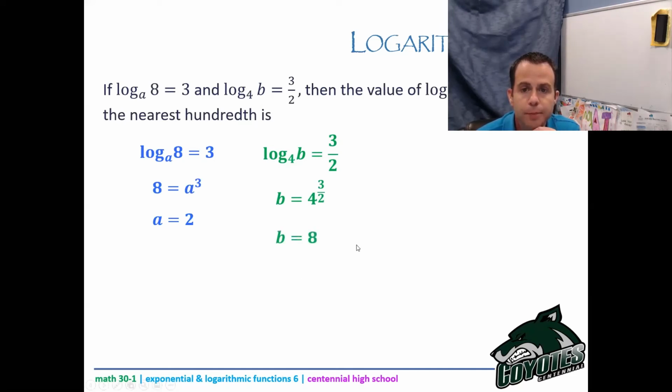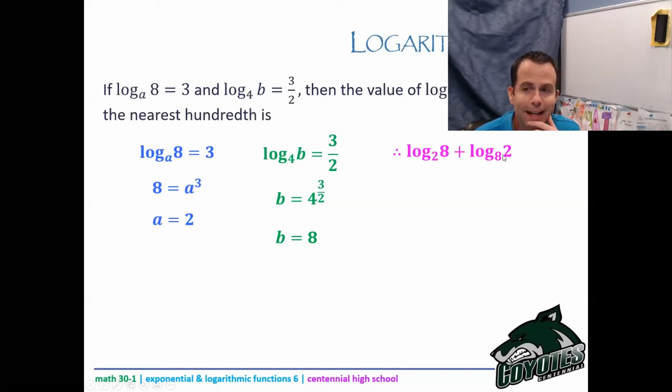So now I just plug those values in for a and b into this guy. So that's going to give me log base 2 of 8 plus log base 8 of 2. Let's have some fun with this and do this in our head for a second. 8 is 2 cubed. So this whole thing would be 3 because the 3 can come to the front and I'd be left with log base 2 of 2.